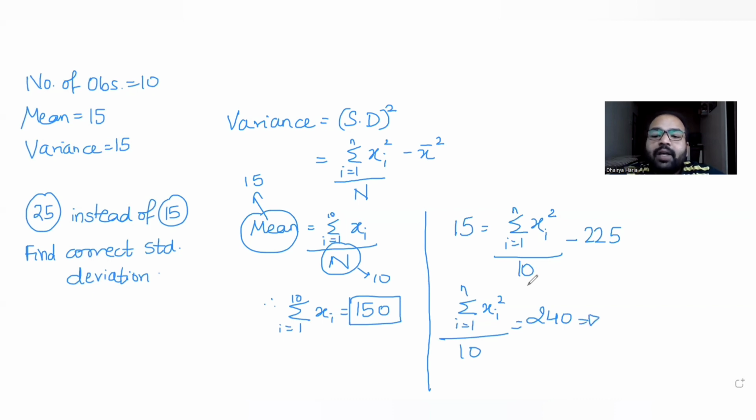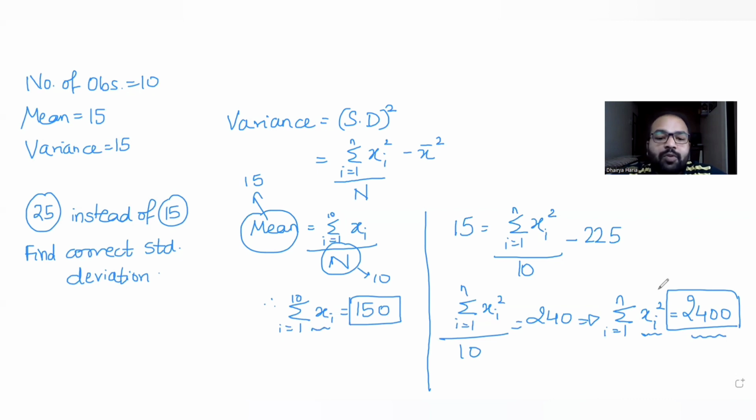Taking that 10 to the right hand side, summation xi square equals 240 into 10, that is 2400.